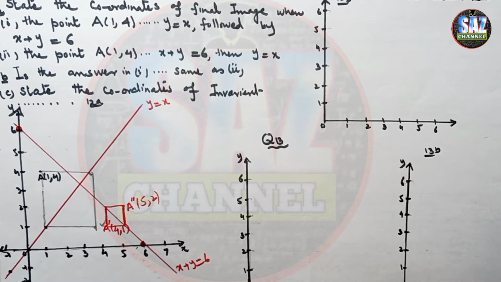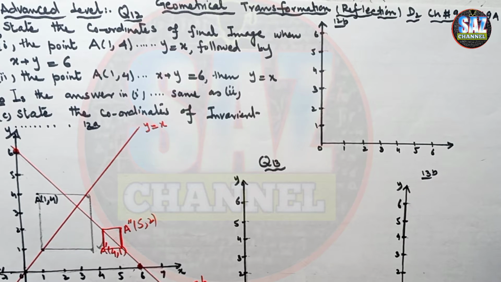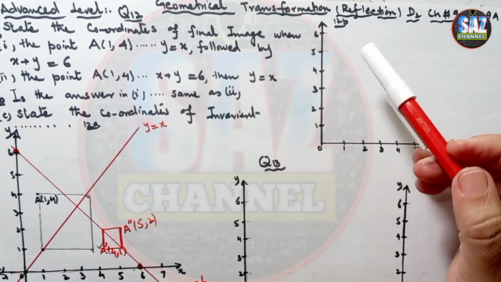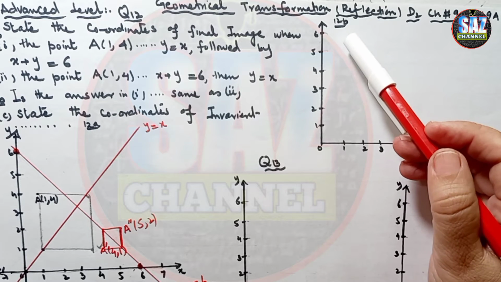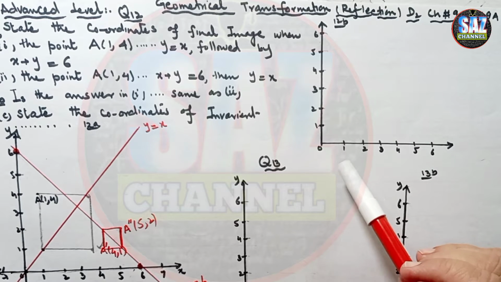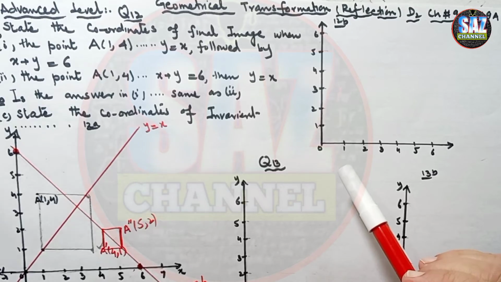The next part says that the point (1,4) is first reflected in x plus y equals 6. For that I have drawn another graph. First of all, again I have to mark the object A(1,4).